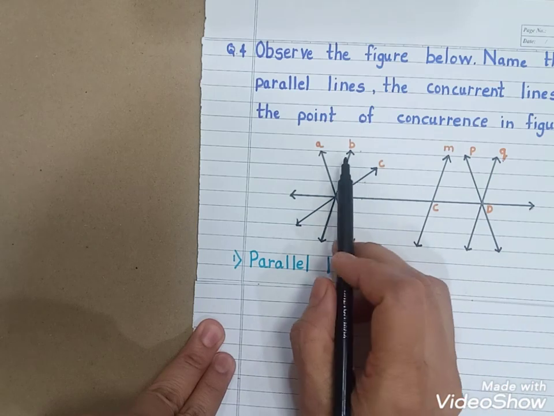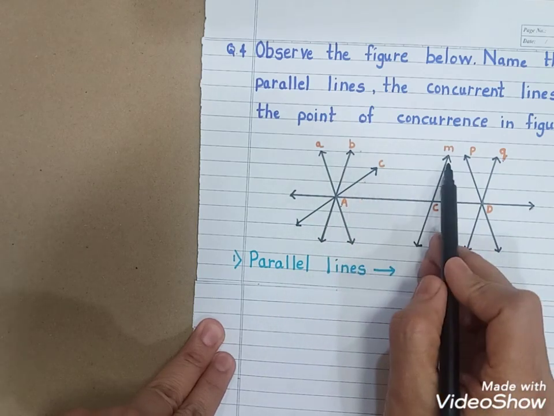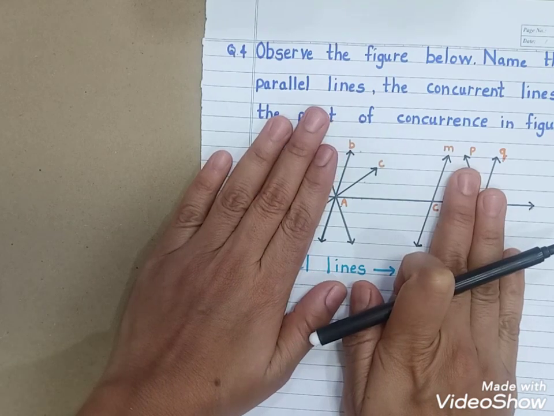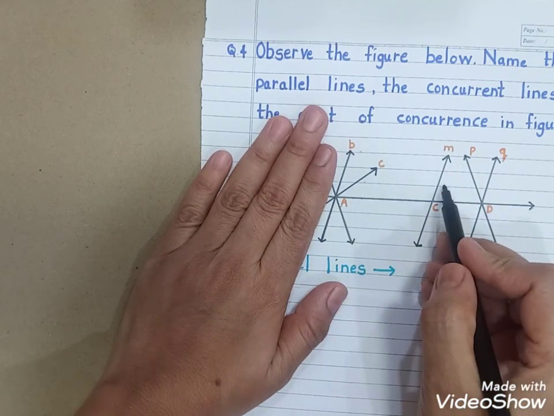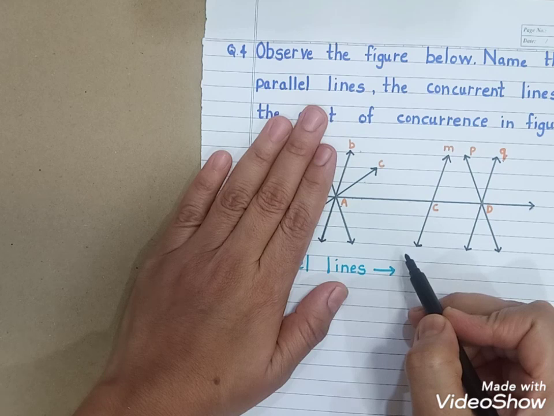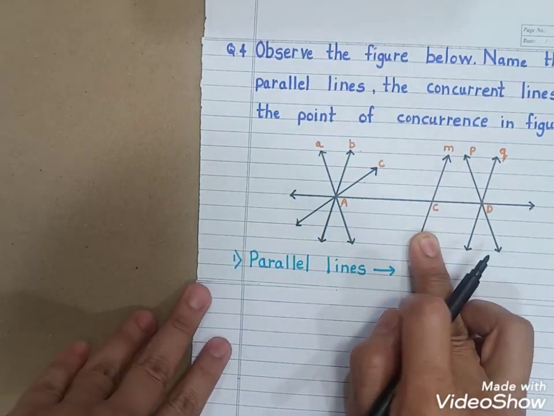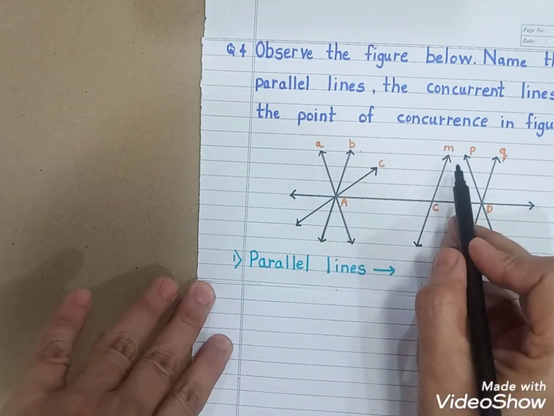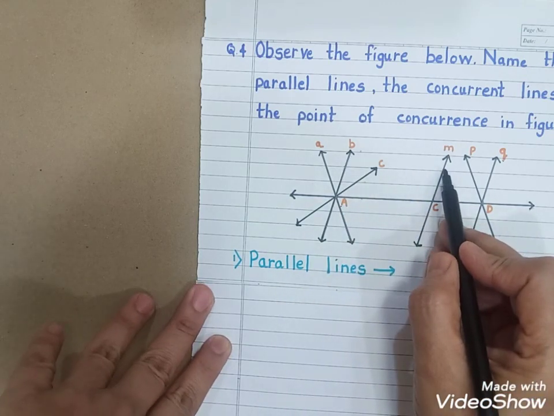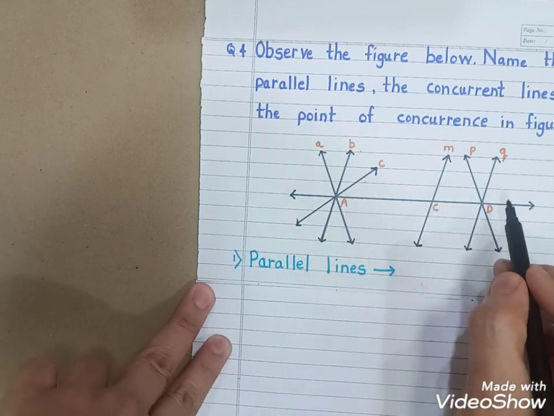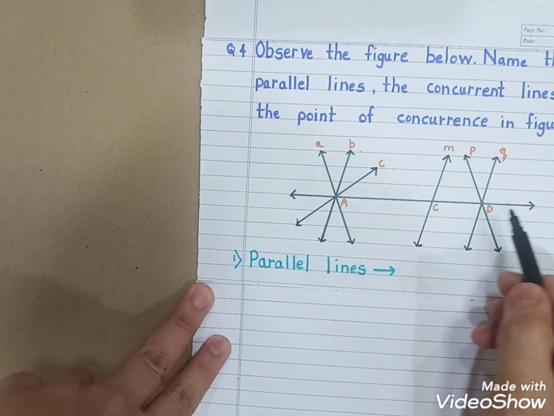Again, if we take line B and line M, they do not intersect each other, and the distance between them remains the same. So line B and line M are parallel lines. So in this figure, line B, line M, and line Q are parallel lines.